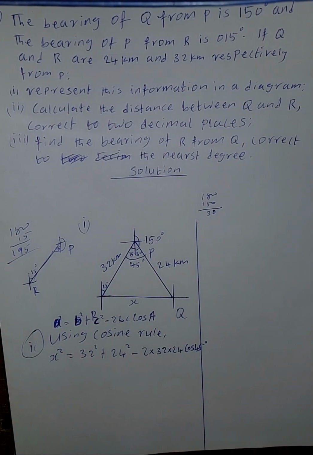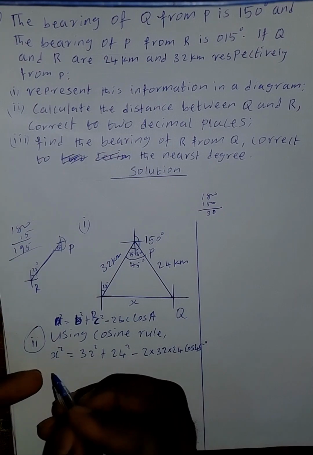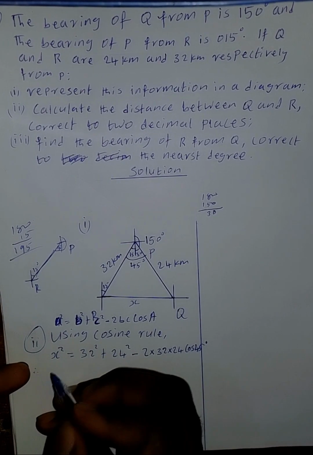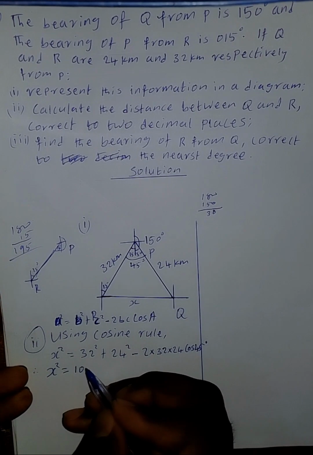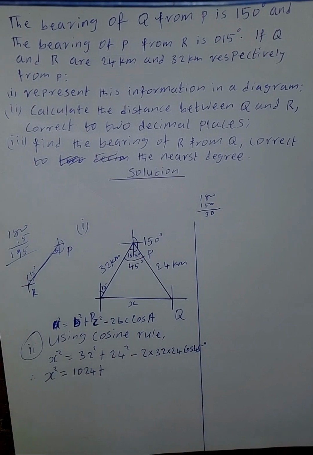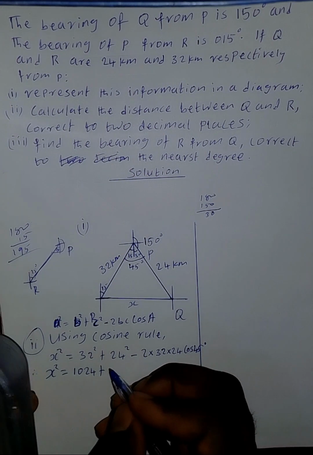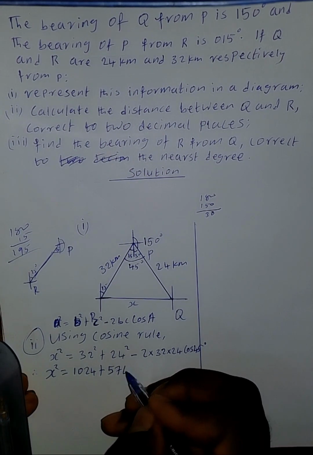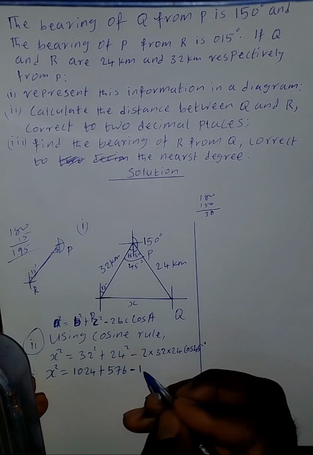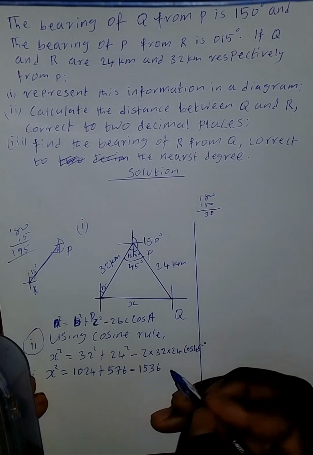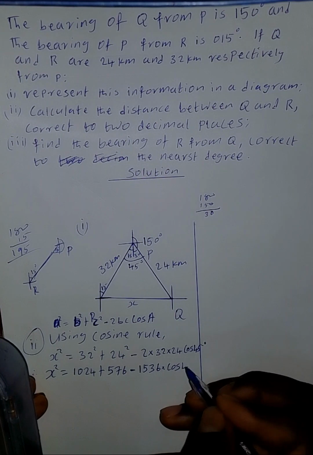All right, 32 square is equals to 1024. Therefore, we can say that x square is equals to 1024 plus 24 square is equals to 576 minus 2 times 32 times 24 is equals to 1536 times cos 45 degrees.